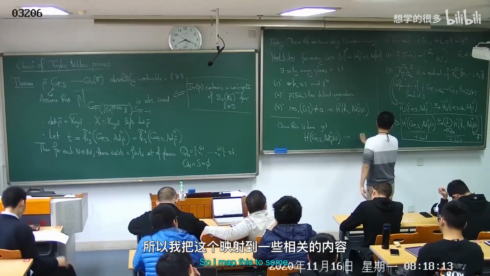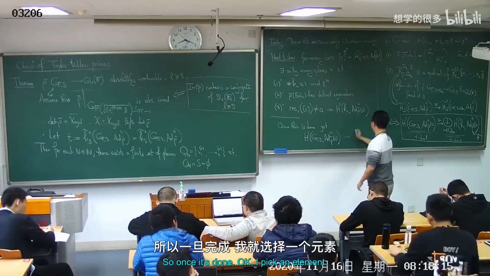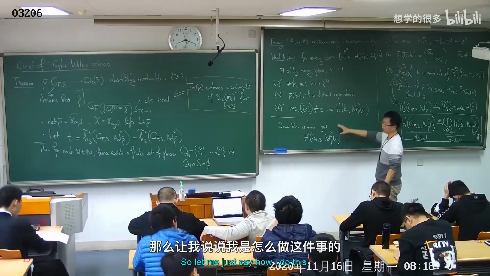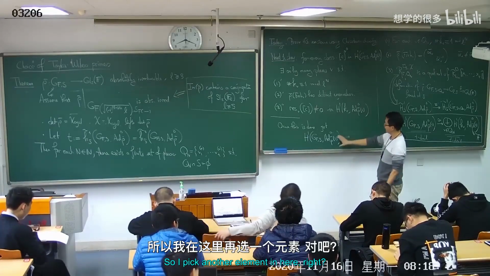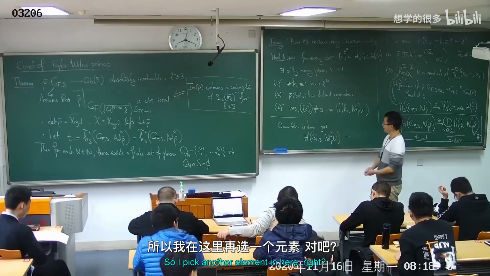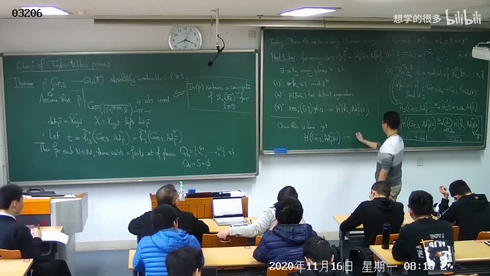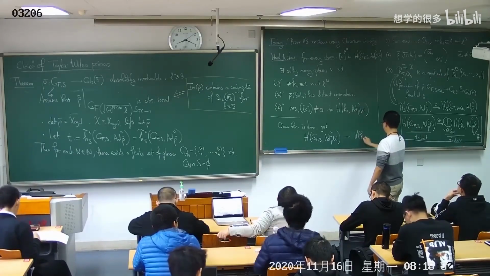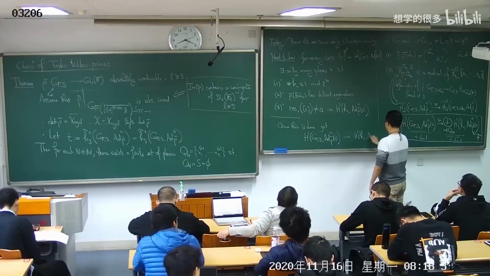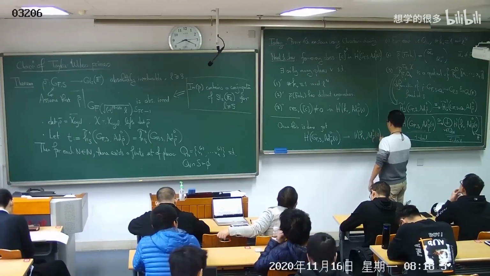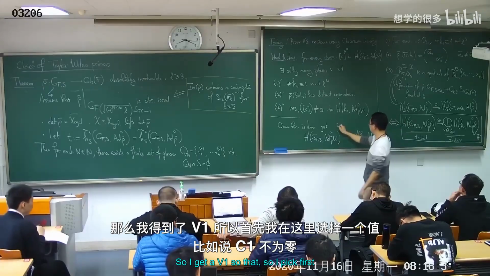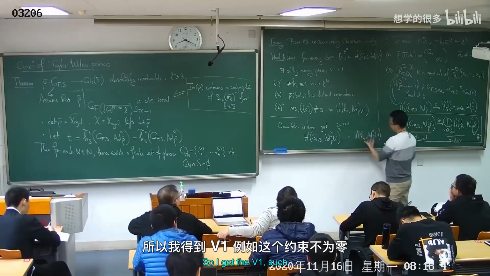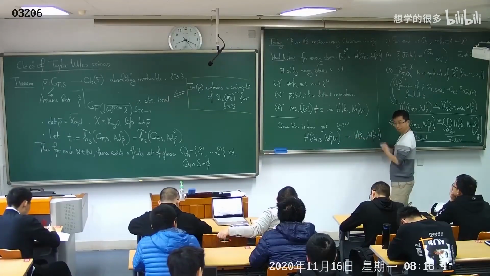So once it's done, I pick an element. It's a bit long to write, so let me just say how I do this. I pick a non-zero element in here. By this argument, I get a V1. First, I pick an element, say C1, not zero, so I get the V1 such that this restriction is not zero.